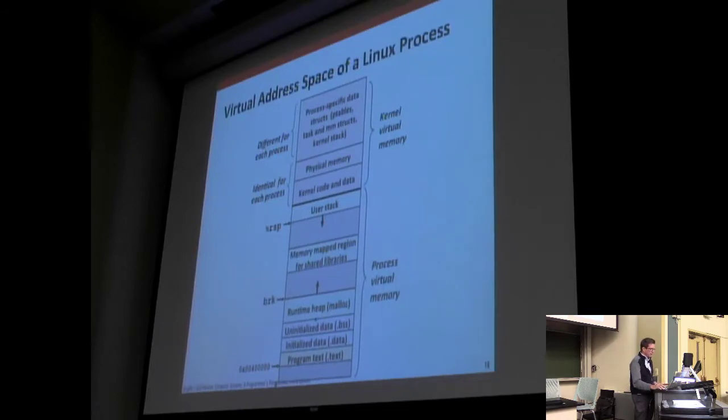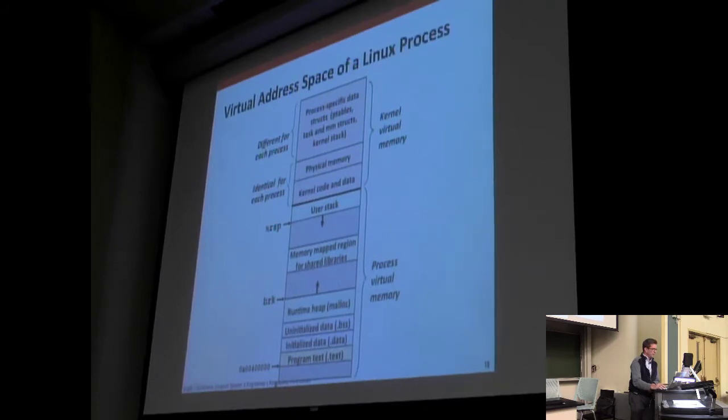And then the heap grows up from the initialized data. It's pointed to by a variable in the process context called brk. So the kernel keeps track of where the top of the heap is for this process.